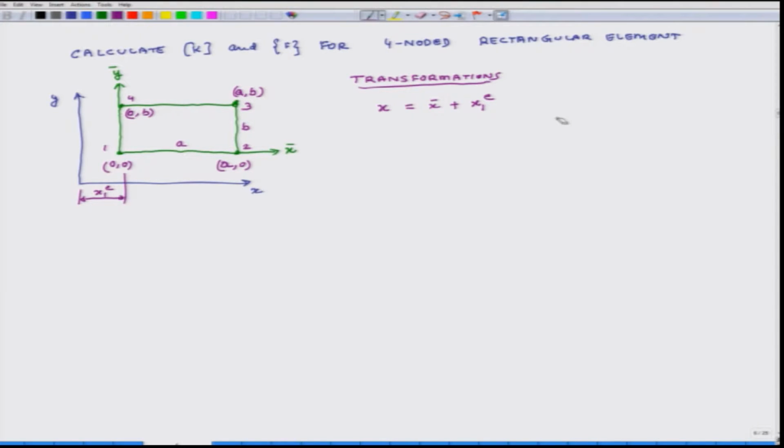Similarly, y is equal to y bar plus y1 e. What is y1 e? y1 e is this thing. So, in the global coordinate system, the coordinates of node 1 are x1 e and y1 e.